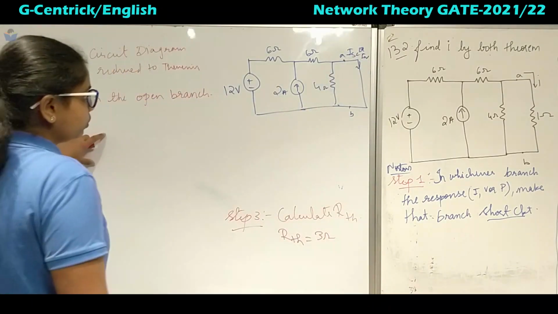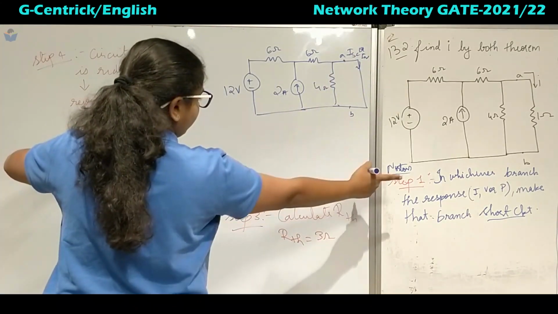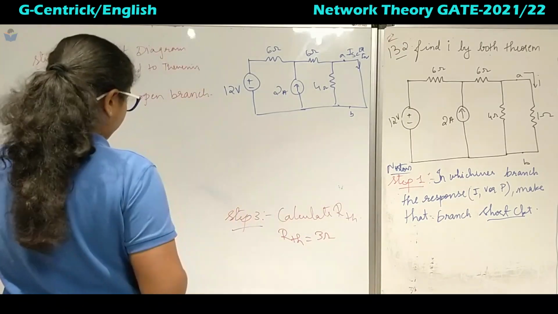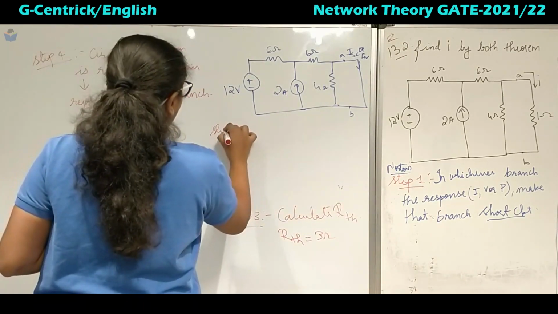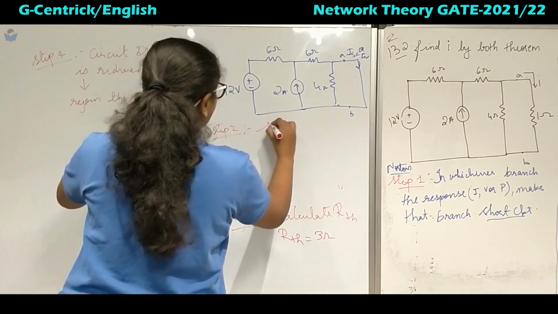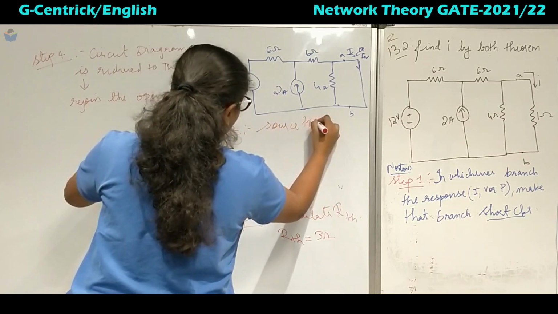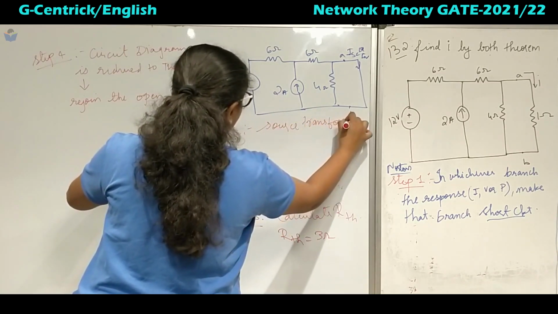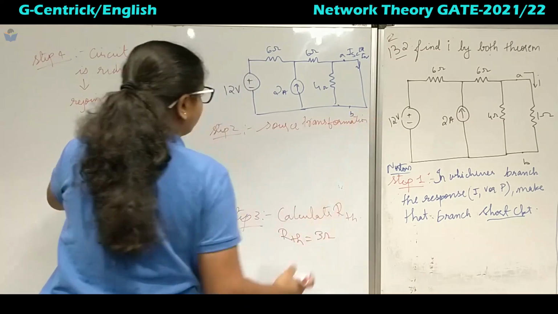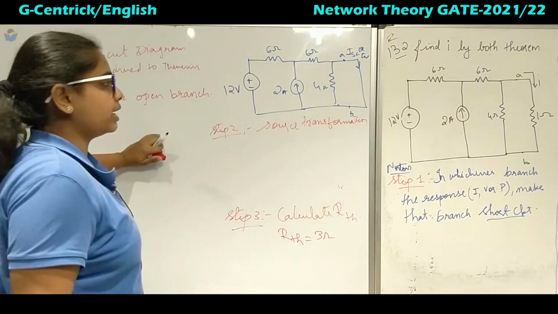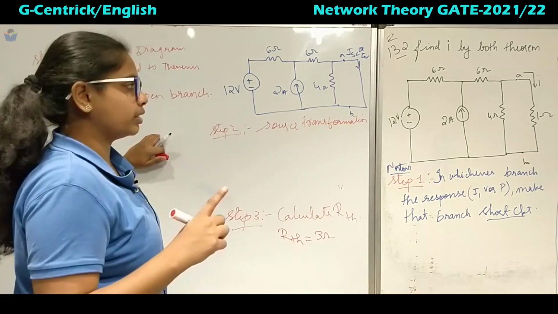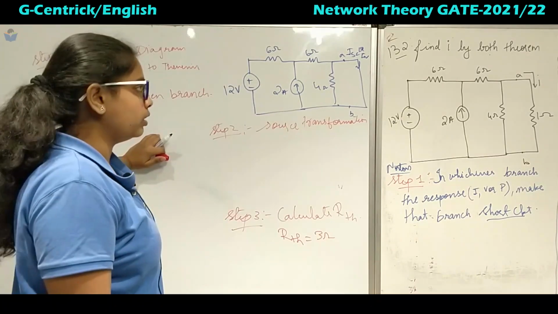So this was our step 1, we have done that. Step 2 is to do source transformation. We have to reduce it to Norton because we have to reduce to one current source and one RTH or RN. In this case, we will call it the equivalent resistance of the Norton.